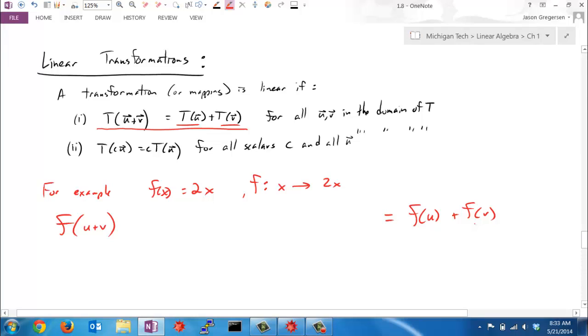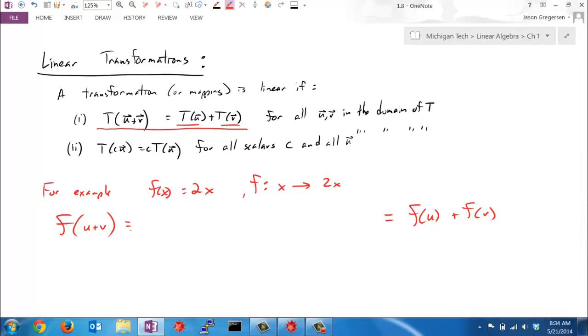So I have f of u plus v. What is f of u plus v? Is that f of u plus f of v? Not necessarily. In a lot of cases, it's not. So I can't jump to this step. I have a function. The function is f of x equals 2x. So if I plug in an x value, I get 2 times that value.